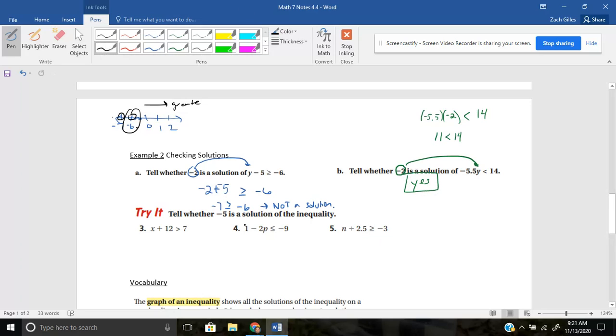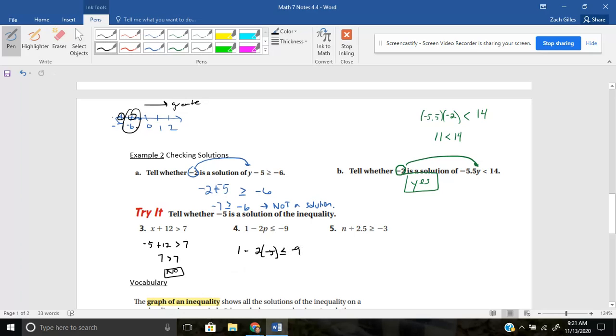All right. Negative 5 plus 12 is greater than 7. Well, negative 5 plus 12 is 7. Is 7 greater than 7? No, it's not. It's equal, but it's not greater than. Number 4 here, I've got 1 minus 2 times negative 5 is less than or equal to negative 9.